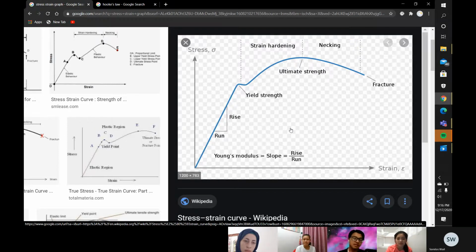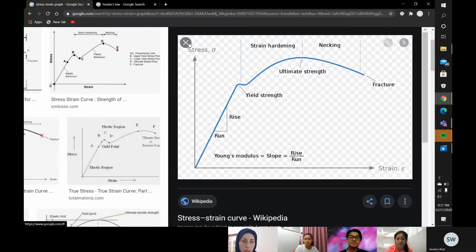Plastic region is where, on applying a force, the body undergoes a permanent deformation. After here, there is a permanent deformation, where returning to the normal state of the spring cannot be done. So the spring stays in its extended condition. So that's all from me.